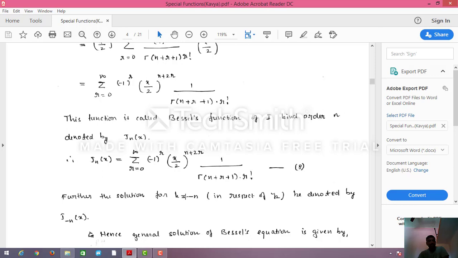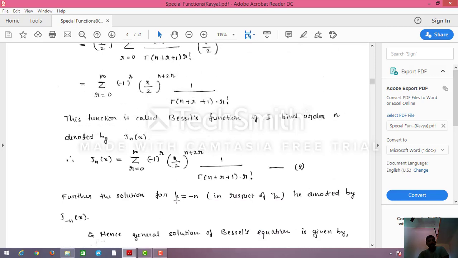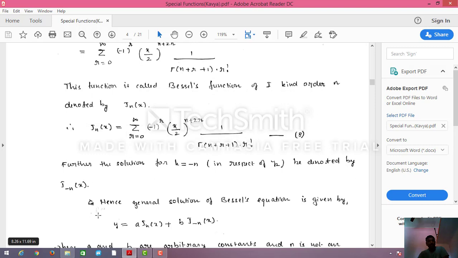Similarly, for k equal to minus n, this one should be J of minus n of x. We already have y1 for Jn of x, and y2 for J minus n of x.